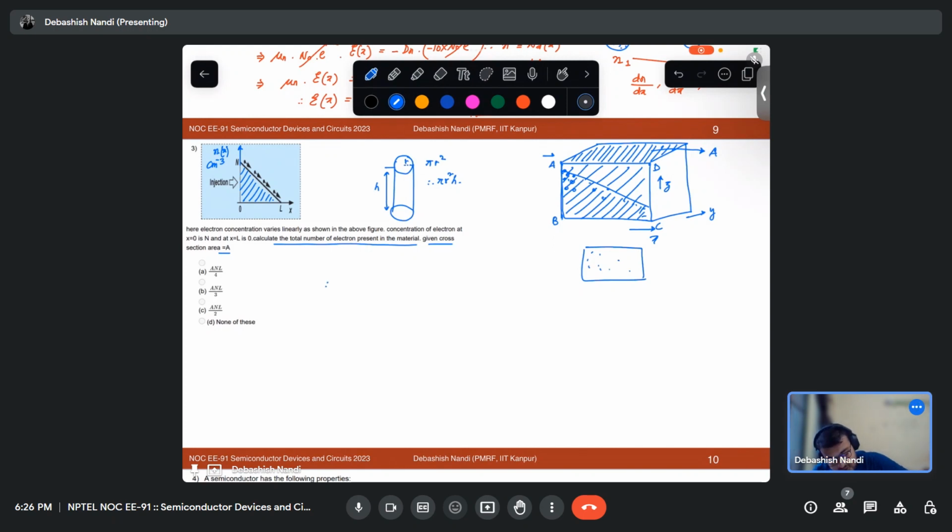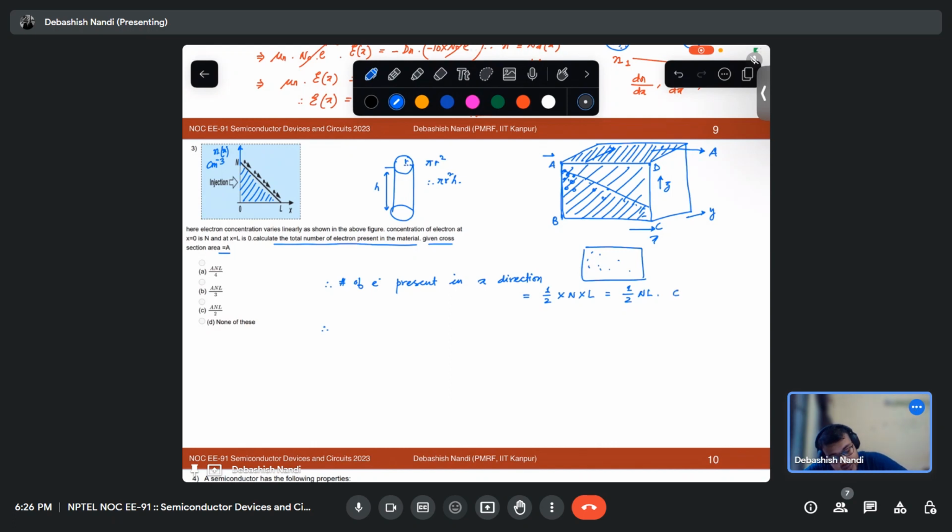So the number of electrons present in the x direction would be half into height, which is N into L, right? Half NL. And now I need to just extend it in this direction. By the way, what is this unit?